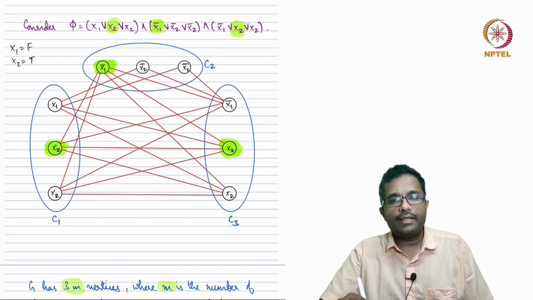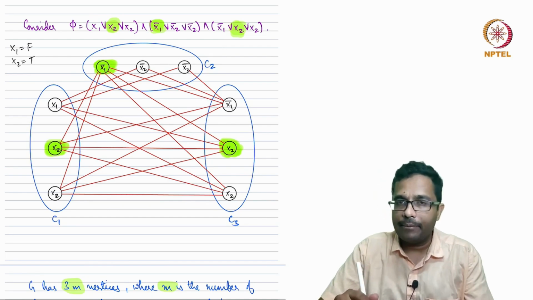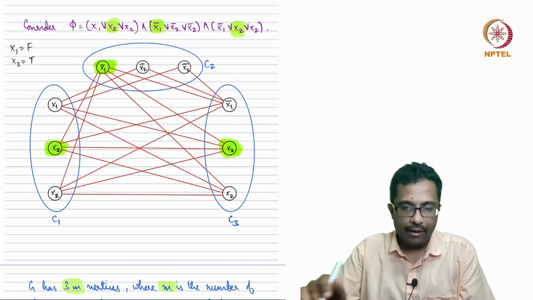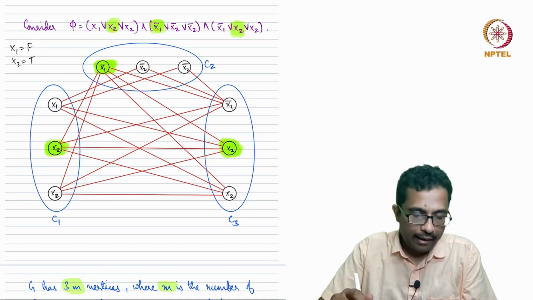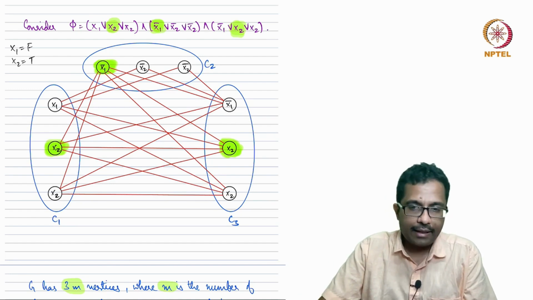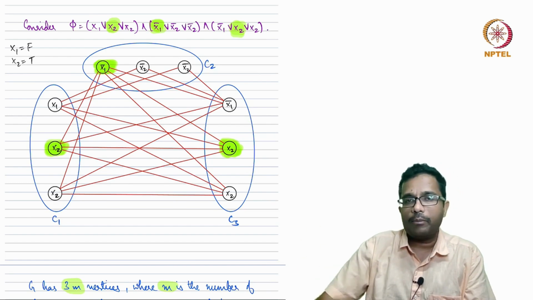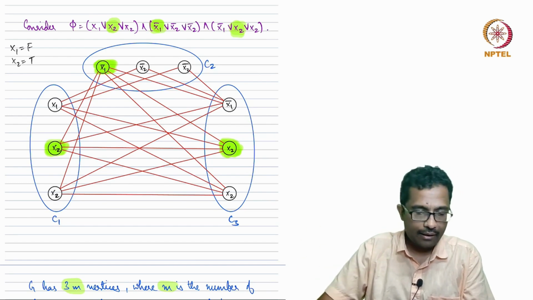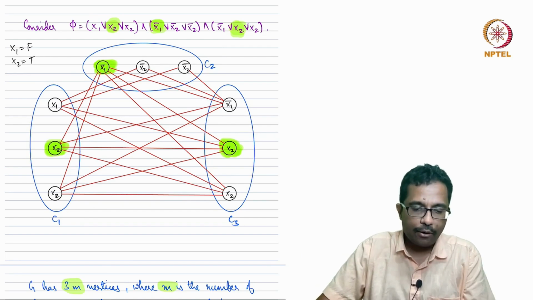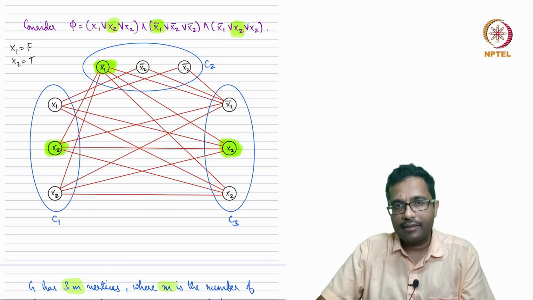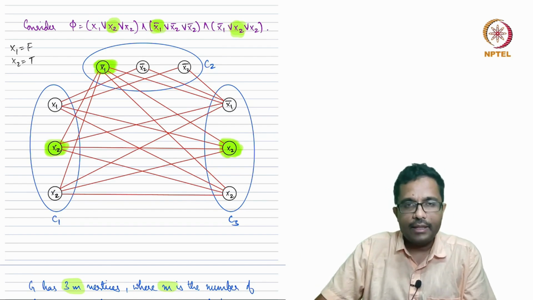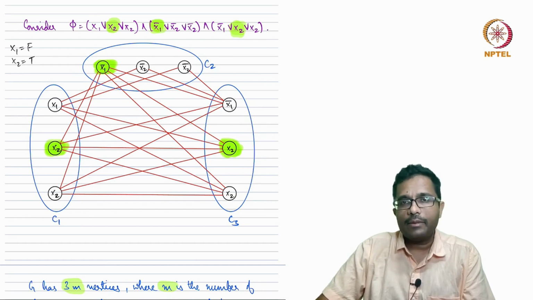The claim is that these form an M clique, because they are from M clauses, and because it's a satisfying assignment, it will not have both xi and xi complement for any i, right? So if phi is satisfiable, G has an M clique.